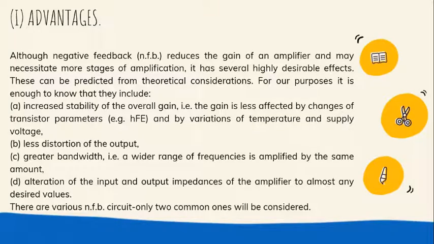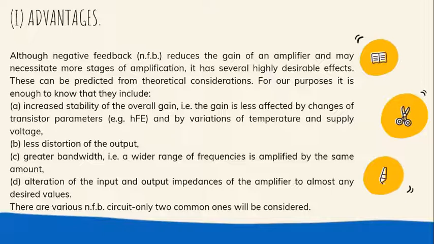First one, advantages. Negative feedback, or NFB, reduces the gain of an amplifier and may necessitate more stages of amplification. It has several highly desirable effects. This can be predicted from theoretical considerations.